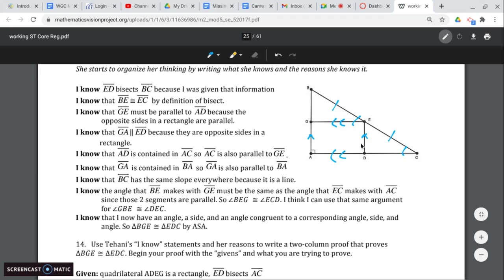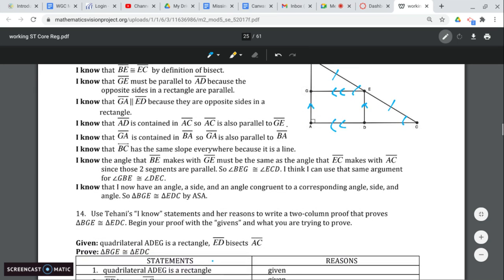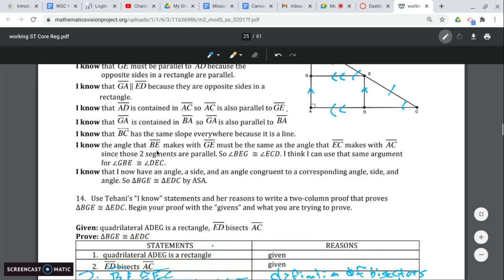So, because these are parallel, these are what's known as corresponding angles. So that's from this part right here. I know the angle that BE makes with GE must be the same as the angle that EC makes with AC, since those two segments are parallel. So angle BEG is congruent to angle ECD.